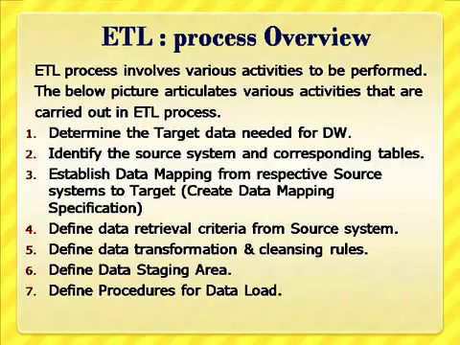Number 3, establish data mapping from the respective source systems to the target system, and this is called creation of data mapping specifications. Number 4, define data retrieval criteria from the source system. Number 5, define data transformation and cleansing rules. Number 6, define the data staging area. Number 7, define procedures for data load.